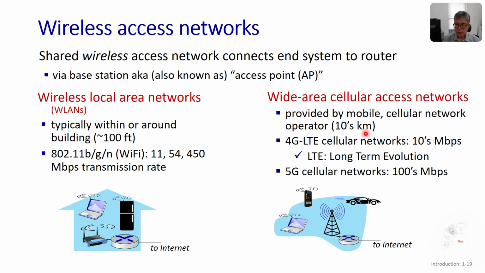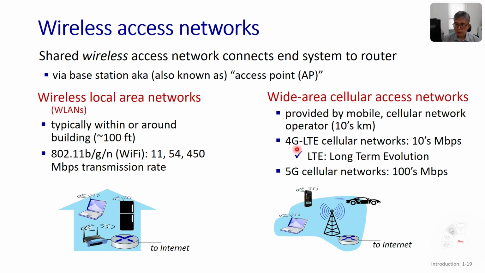On the other hand, cellular network is 10 kilometers. And the speed of 802.11 is the IEEE wireless LAN standard. So 11b is 11 Mbps, 11g is 54 Mbps, and 450 Mbps transmission rate.